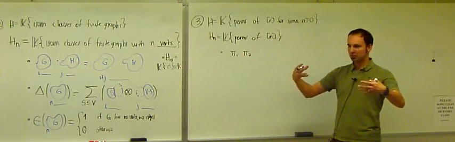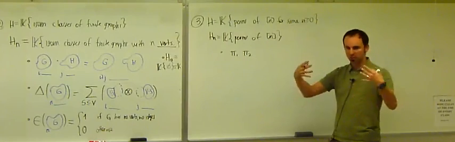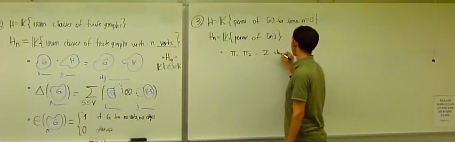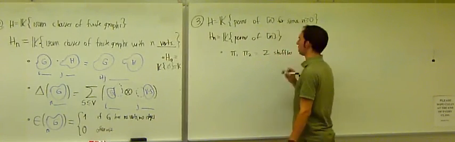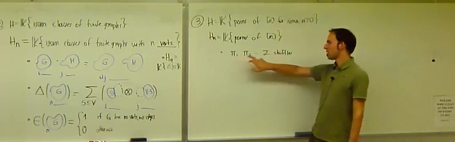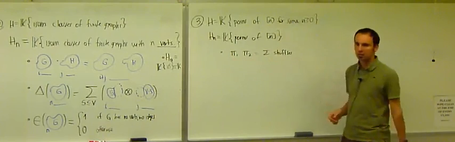And remember that when we multiply them, we just shuffle in every possible way. So this is the sum of the shuffles of pi 1 and pi 2. And therefore, if you have i cards here and j cards here, you have i plus j cards here.